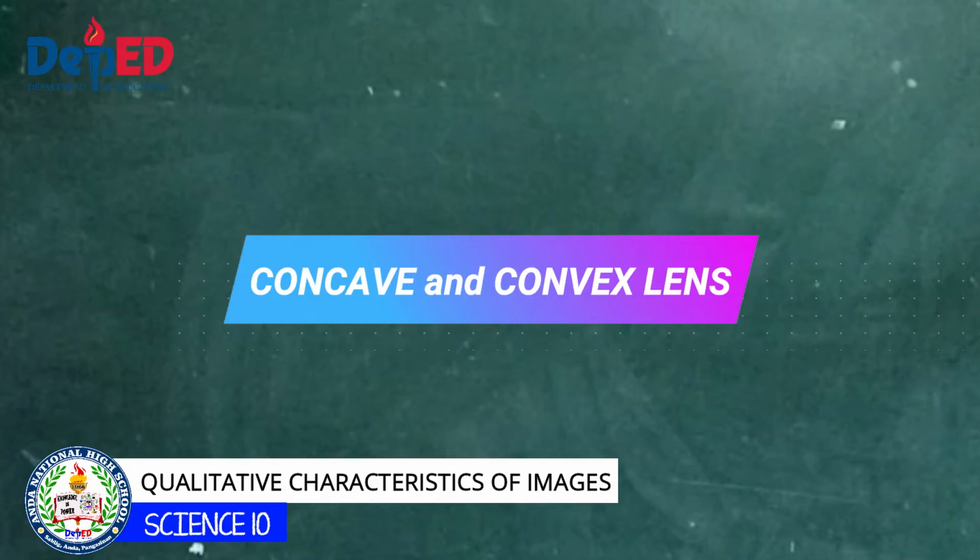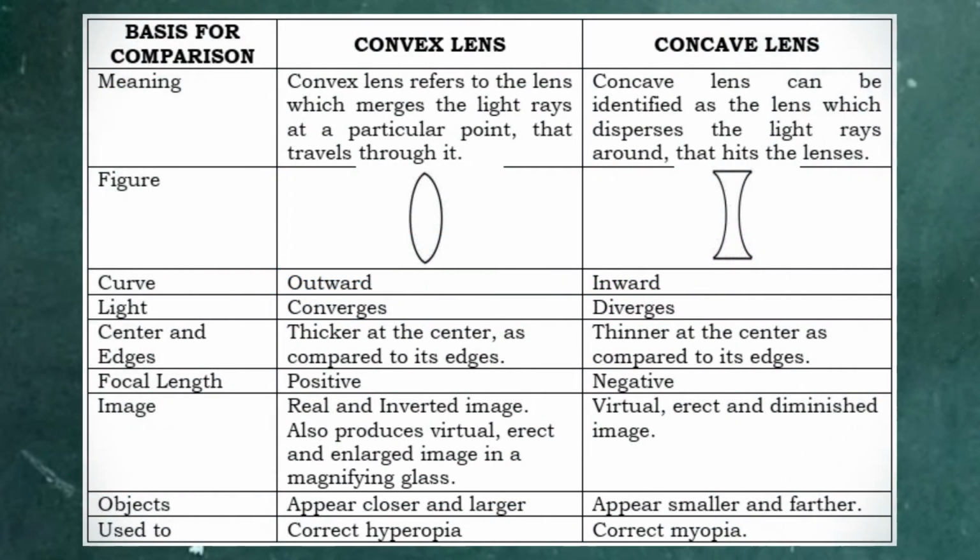How about for concave lens and convex lens? How can we characterize or describe the image formed? For convex lens, the image will be real and inverted, but it can also produce virtual, erect, and enlarged image in a magnifying glass.